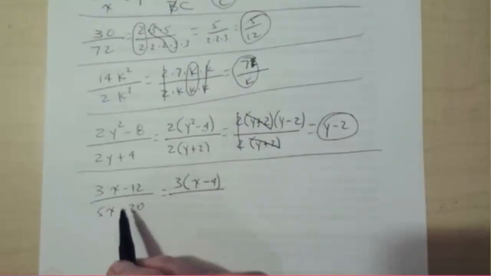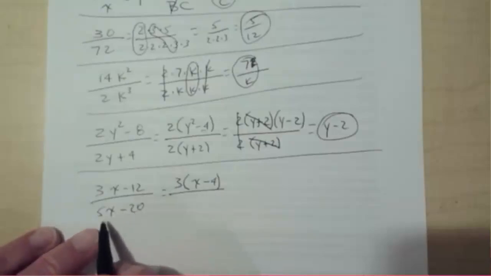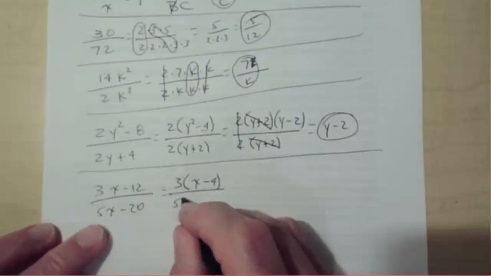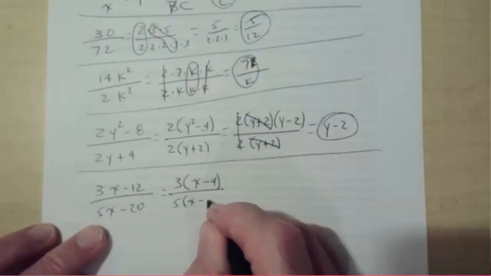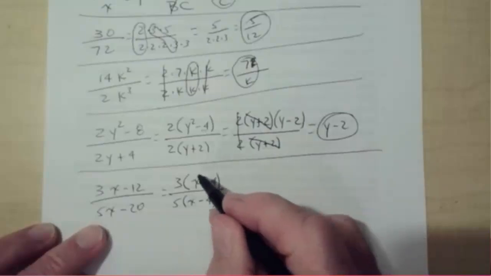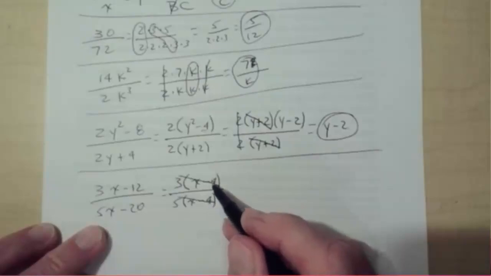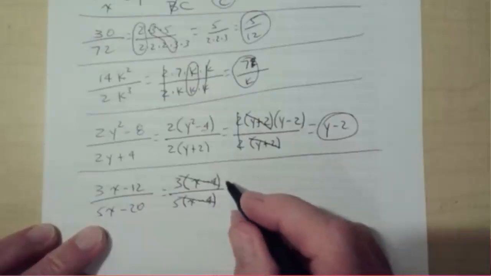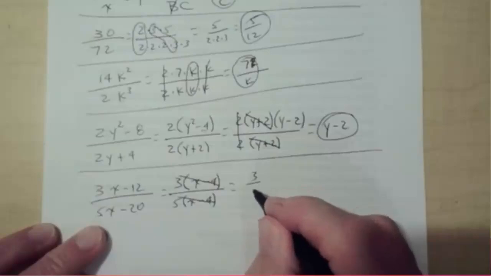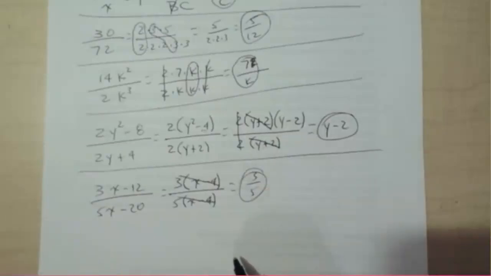I think so. And what can we factor out of the denominator? 5 open x minus 4. X minus 4 is cancel, right? Any number divided by itself. Remember, the parentheses makes that one number. So we're left with 3 over 5, right?